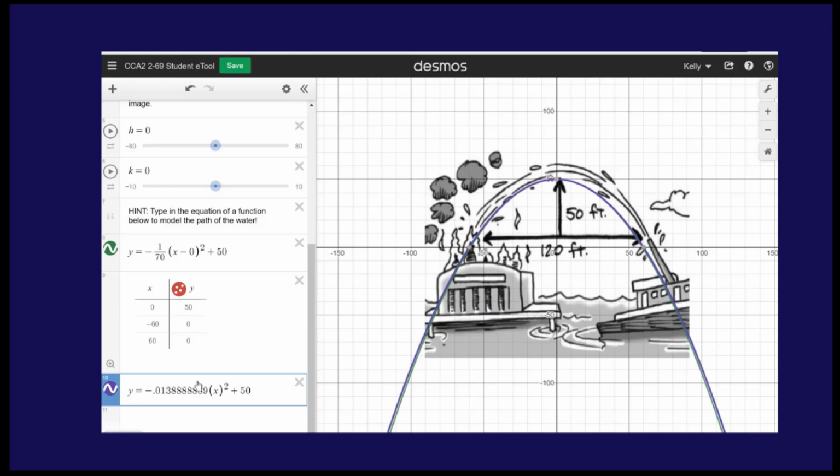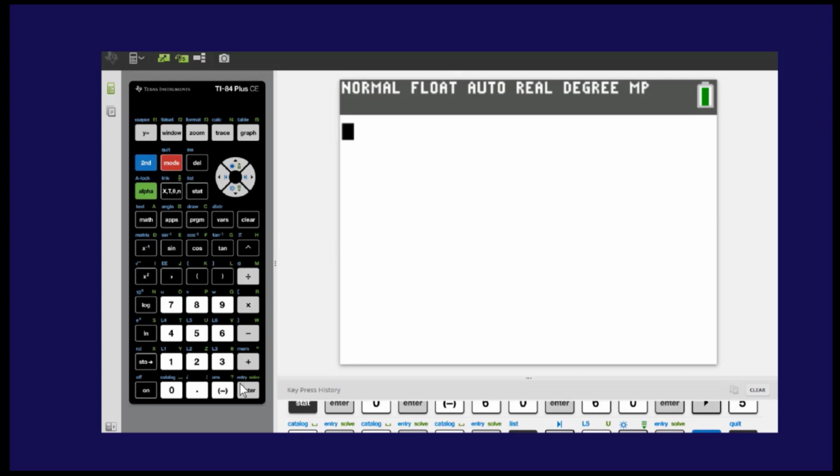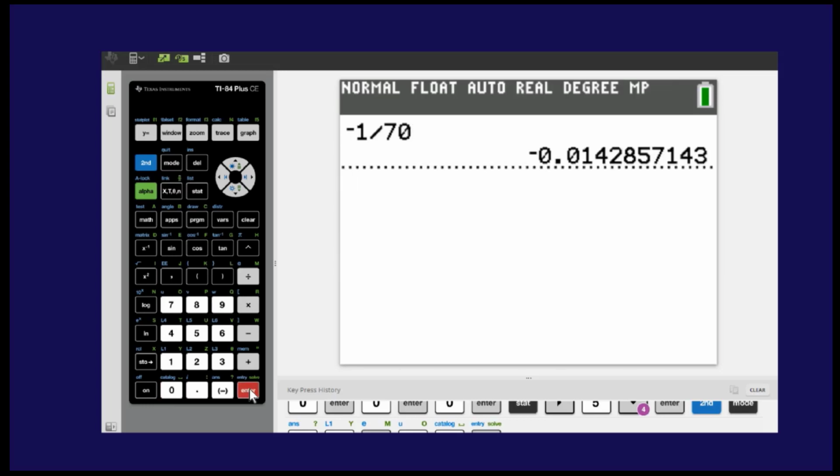Look at that. Look how close we came with playing with our negative 1 over 70. So if I bring up the calculator, let's take a look at what negative, I'm going to go out here and hit second quit. And I'm going to say, what is negative 1 divided by 70 to see how close we came. All right, and then the other we had was negative 0.013888889.